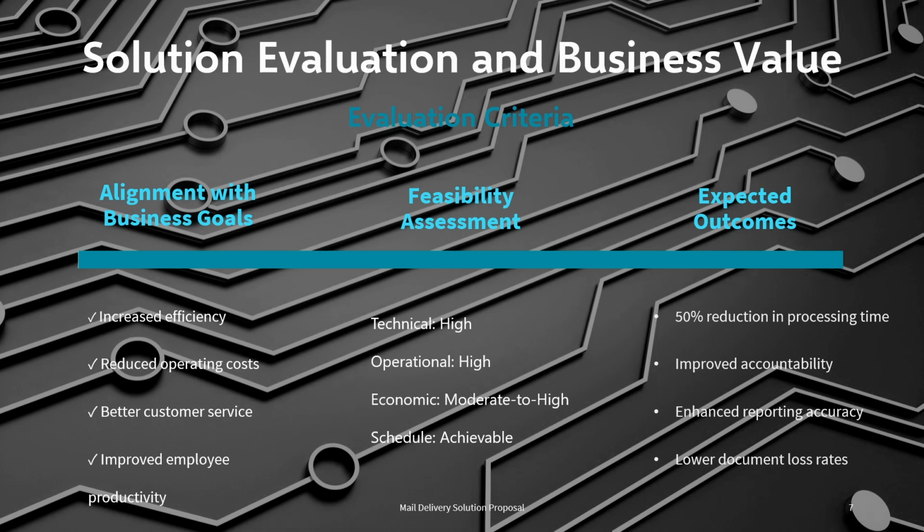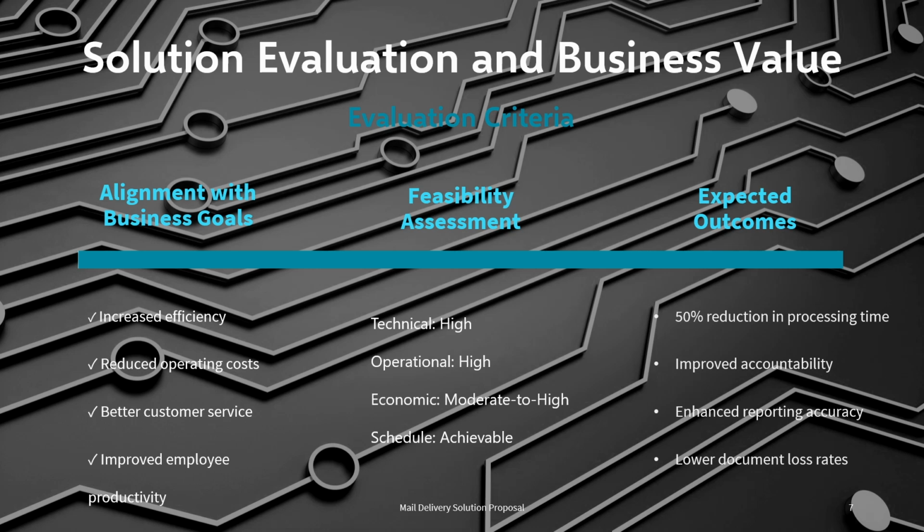The proposed solution was evaluated using several key criteria, including alignment with business goals, feasibility, efficiency, and expected organizational benefits. From a strategic perspective, the solution aligns strongly with CWI's objectives of improving operational efficiency, reducing process delays, and increasing accountability.